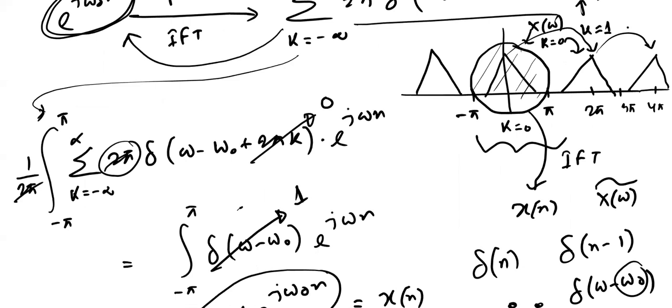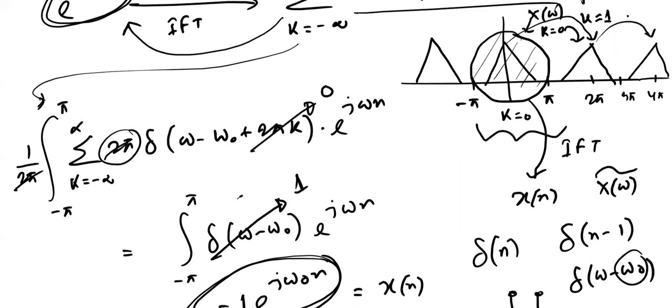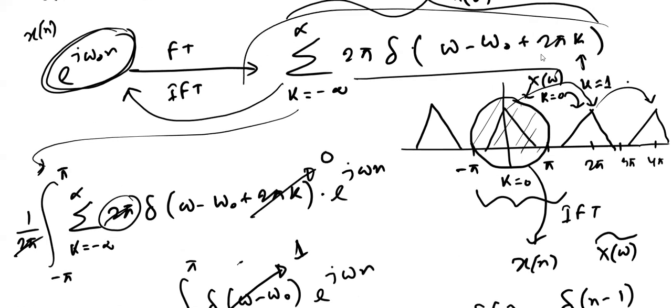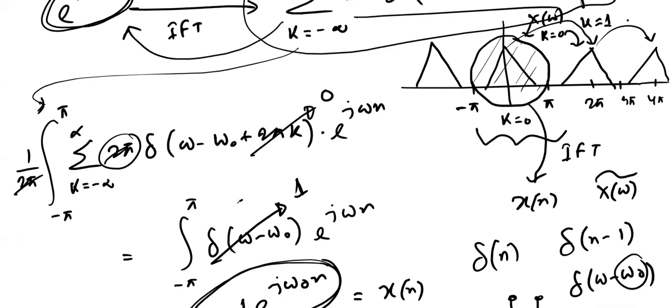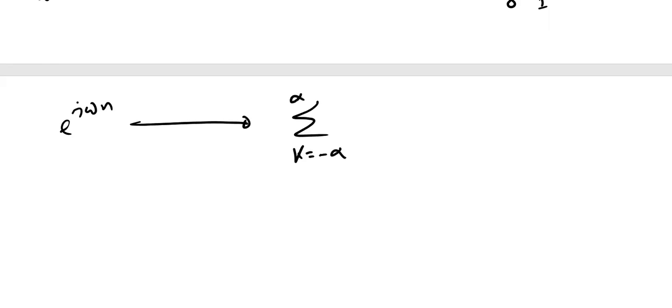It shows that if we start with this, of course we find this Fourier transform as this one, and this is enough to prove that the Fourier transform of e to the power j omega 0 n is equal to the summation over k from minus infinity to plus infinity of twice pi delta omega minus omega 0 plus twice pi k. Because this is a one-to-one function.